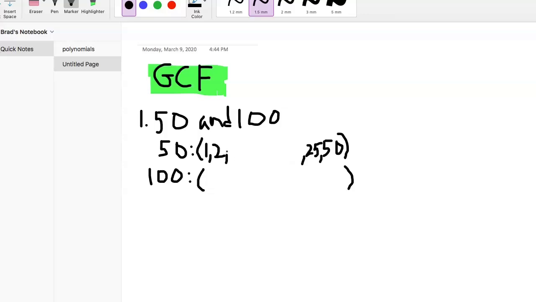What about 4? 4 times 25. Oh, whoops, we're doing 50. I already jumped to 100, my bad. 4 doesn't work either. So 2 times 25 equals 50. 3, nothing works. 4, nothing works.